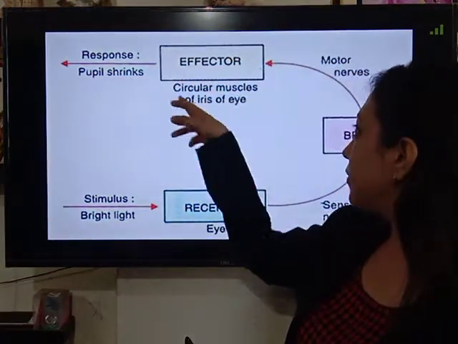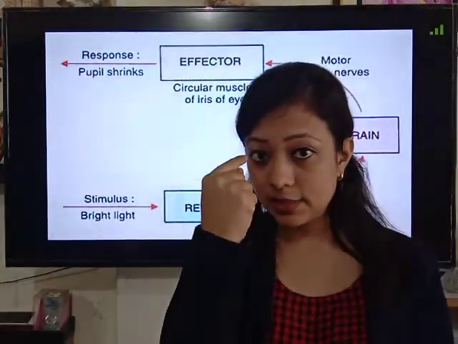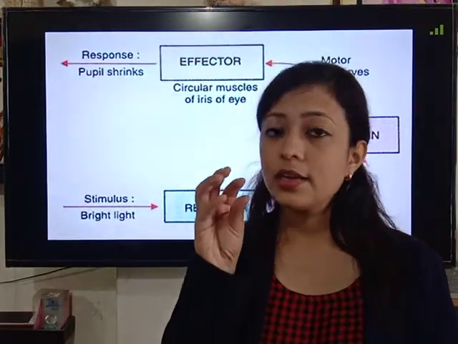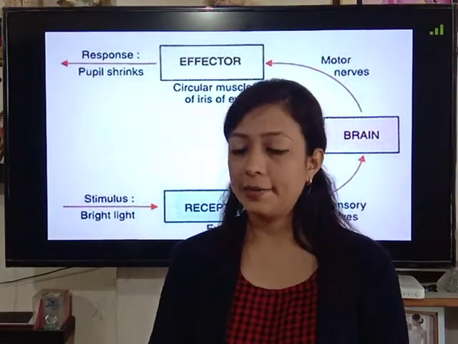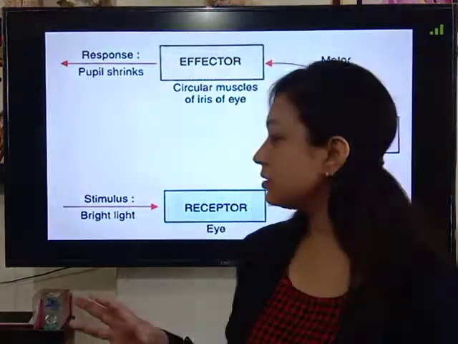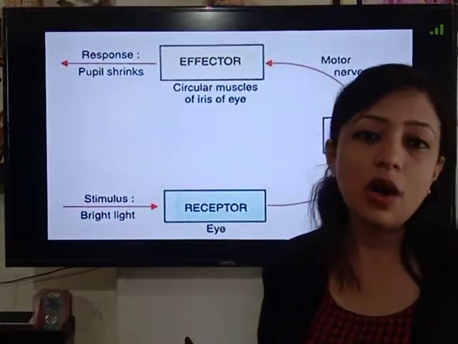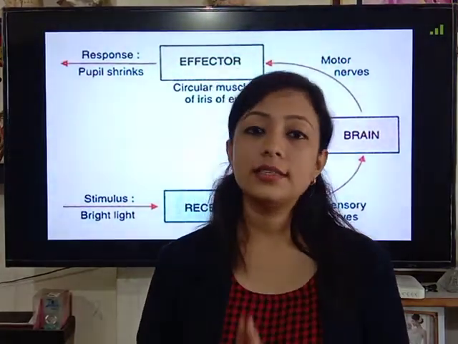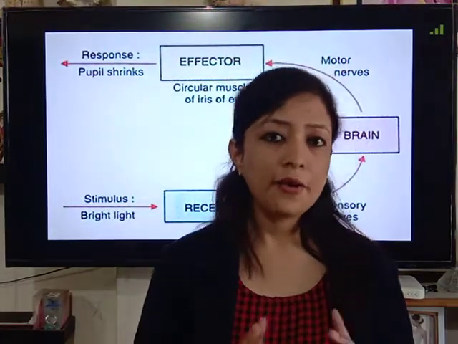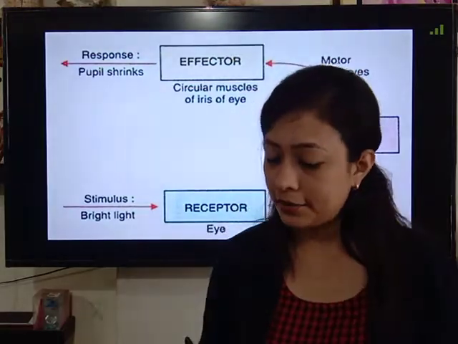Our effector organs, such as the muscles in the iris, contract, and hence protect our eyes from getting damaged by the bright light. For this process only the brain is involved, and this kind of reflex action is called cerebral reflexes, where only the brain is involved.